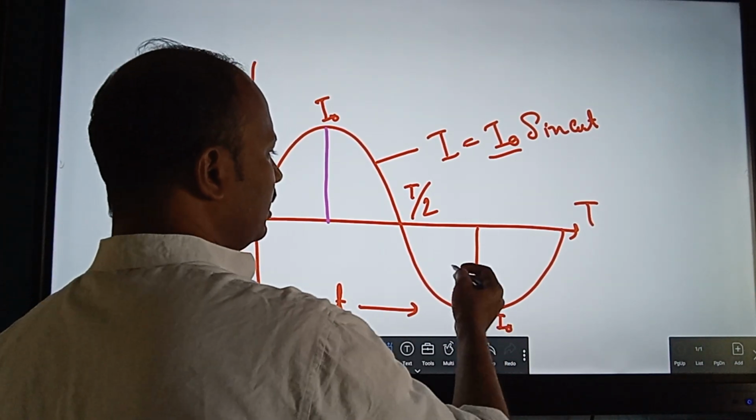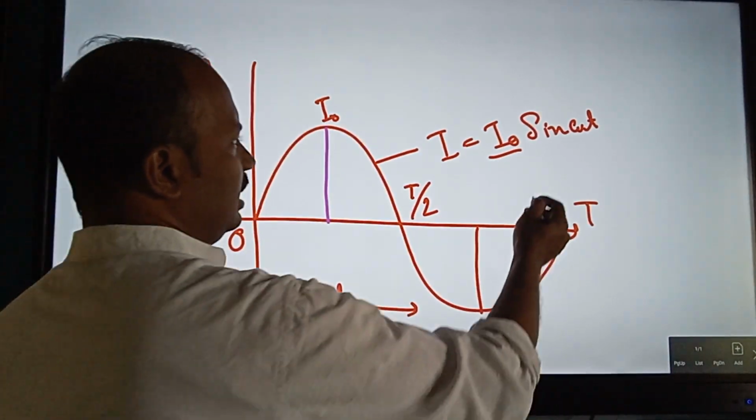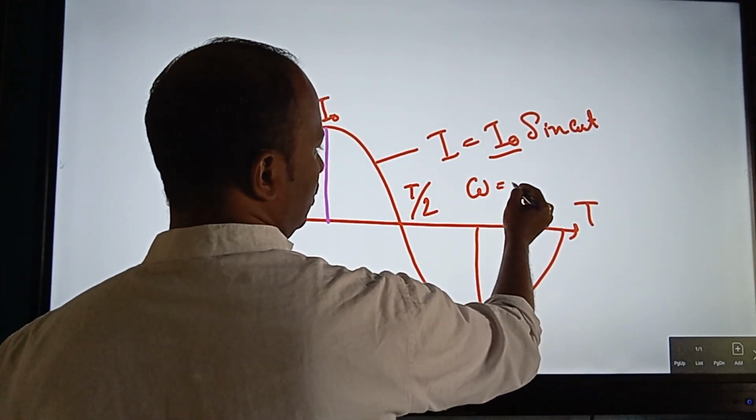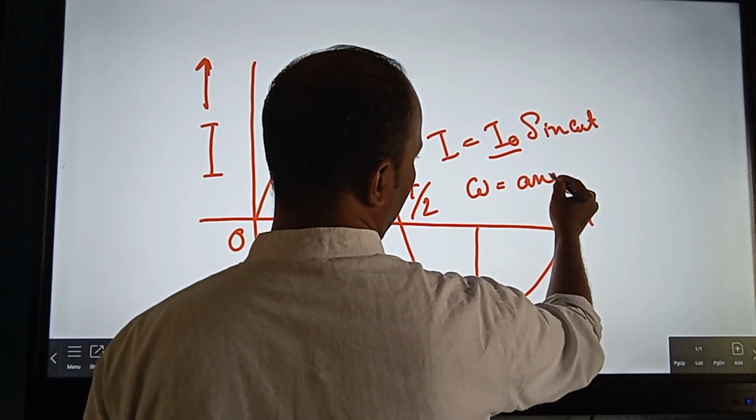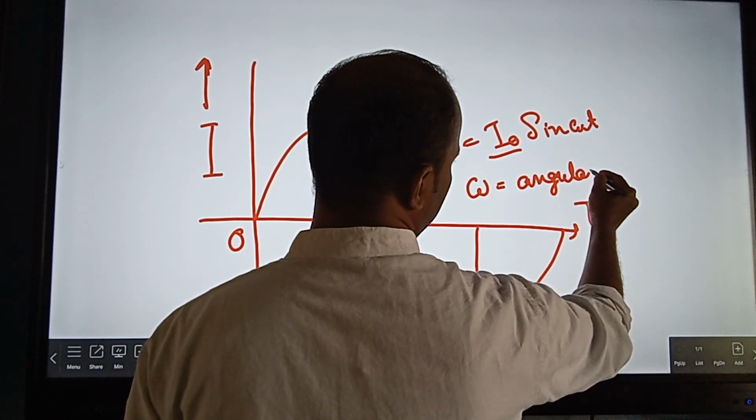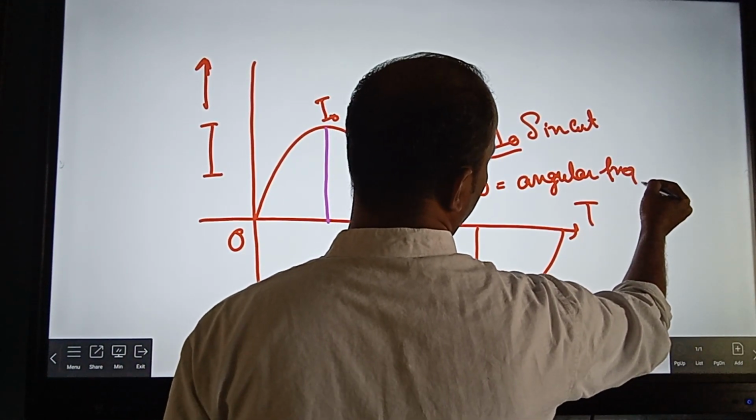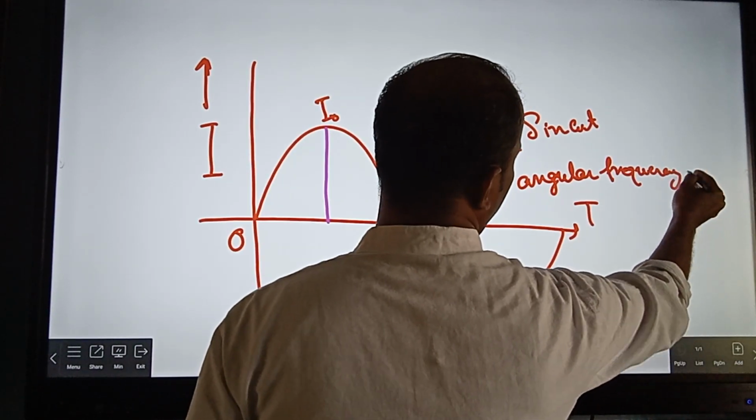Here omega is called the angular frequency. All of you know this.